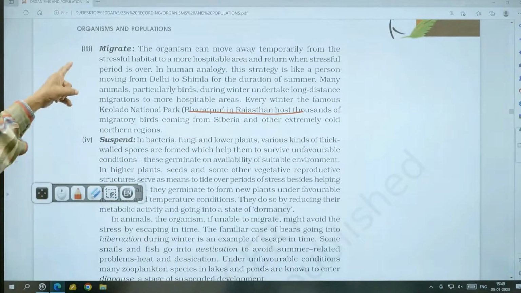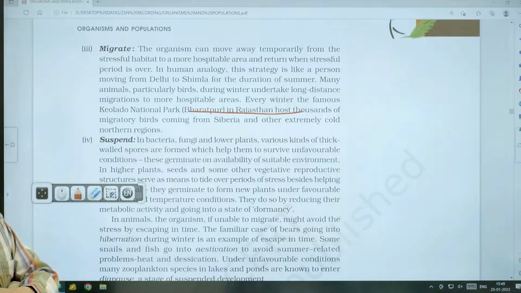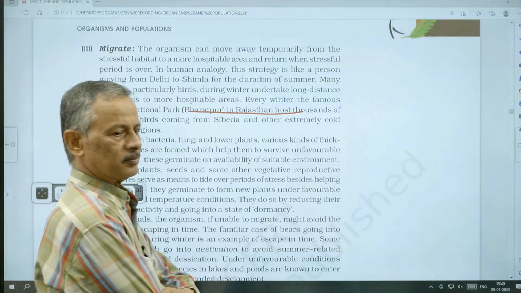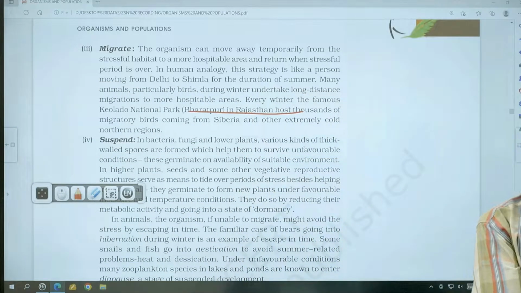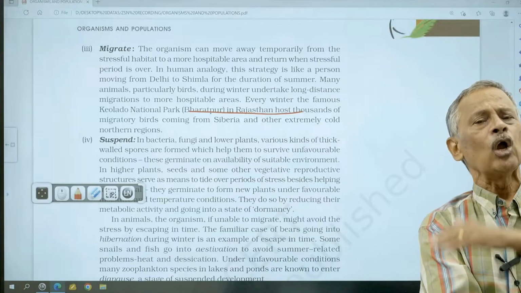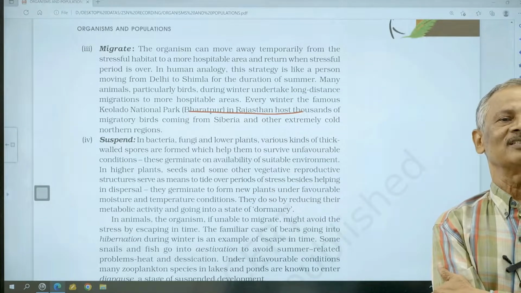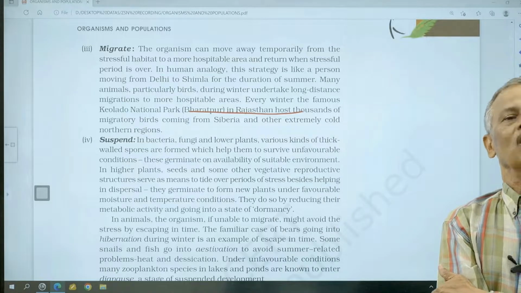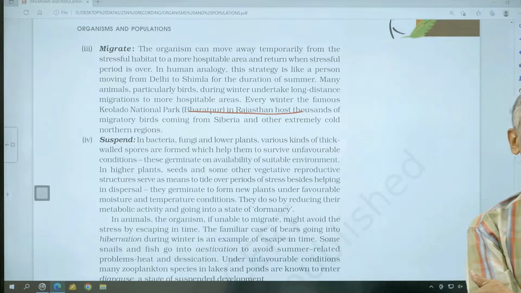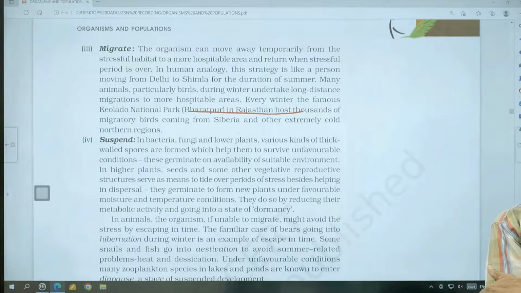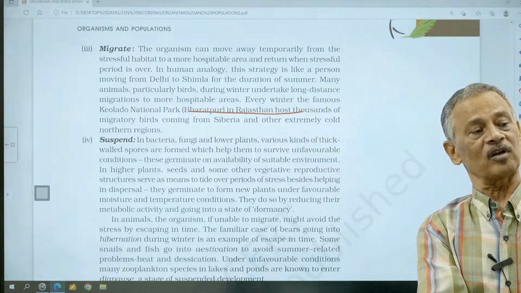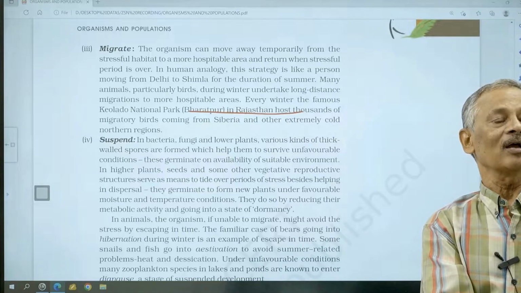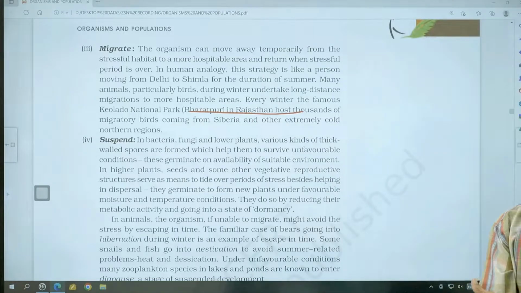What is that? They simply migrate. If the condition becomes so extreme that they will be under difficulty to live there, they simply go to other places. Just like we all go to high altitude hill stations in summer. In summer, in hill stations, temperature is low, so it is very comfortable there, and we come back at the end of the summer season.